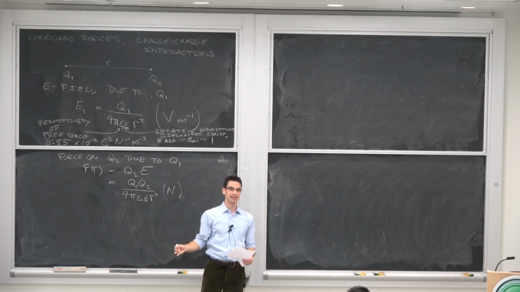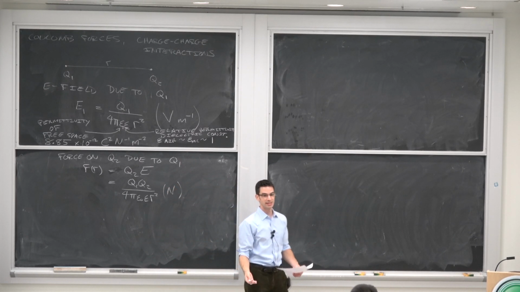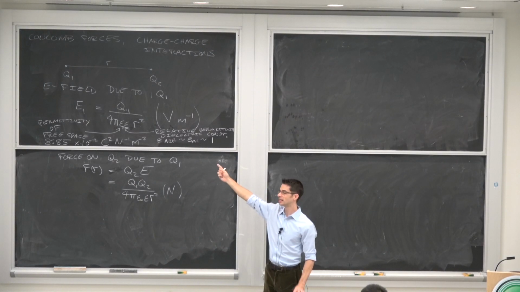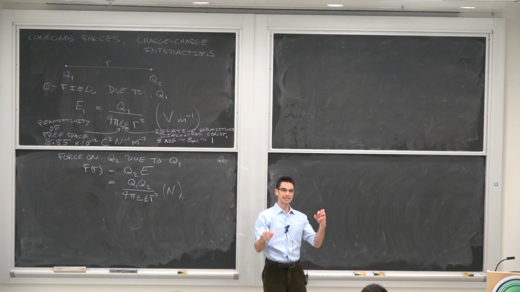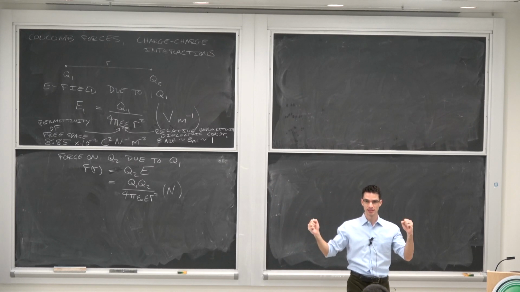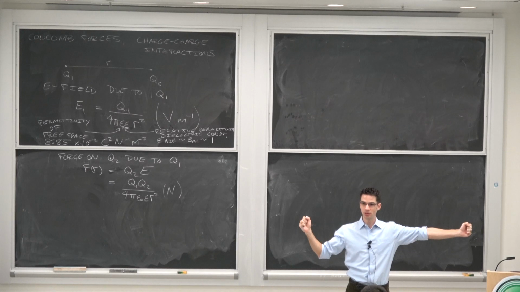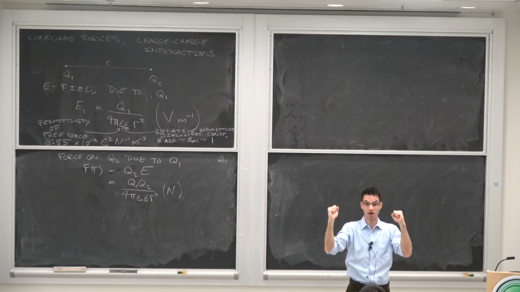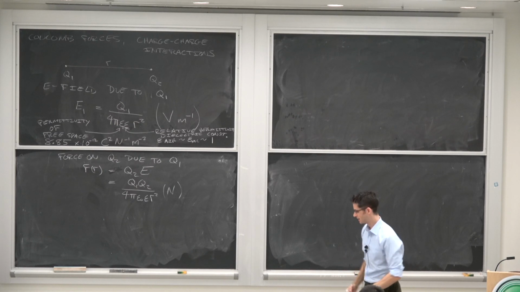How do we get the energy? The energy of this interaction. So the potential energy of an interaction is the work done against the force to bring Q1 and Q2 together in some proximity r, to some internuclear distance r.